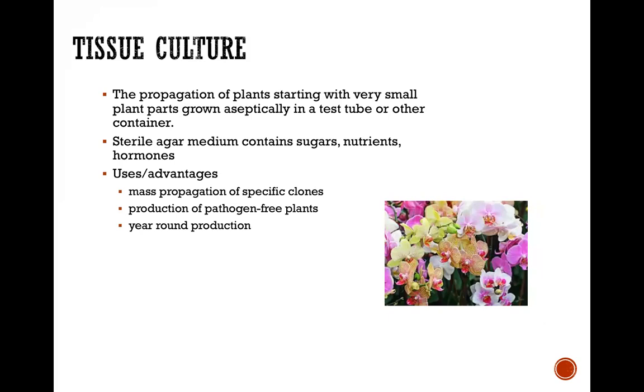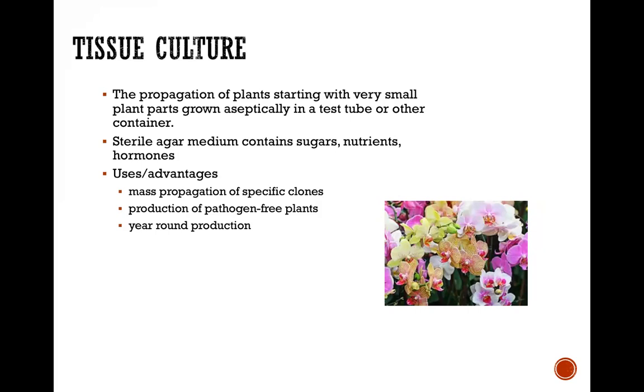If you go into the grocery store today, I guarantee you're going to see orchids that look like this. These are Phalaenopsis orchids, and they are pretty common. And yet, orchids in and of themselves are very difficult to propagate from seed. However, they do very well in tissue culture.